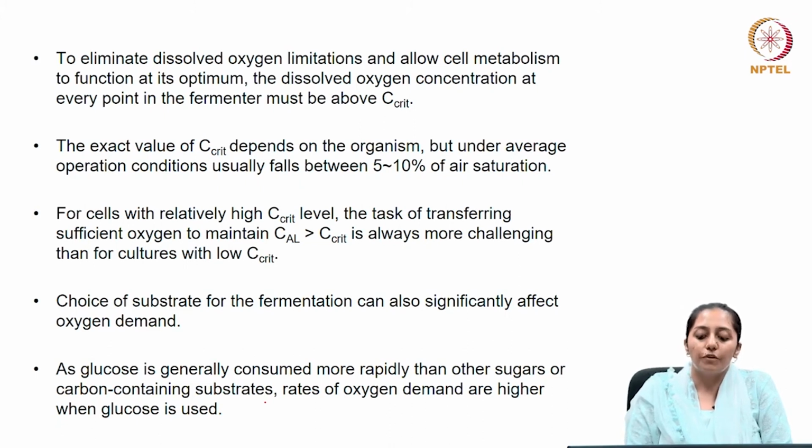Choice of substrate for fermentation can also have a significant impact on oxygen demand. For example, glucose is generally consumed more rapidly than other sugars or carbon containing substrates, and the rates of oxygen demand are therefore higher.